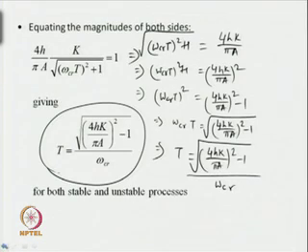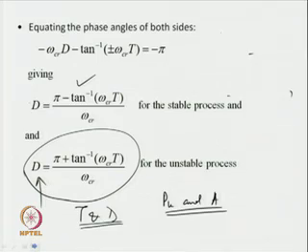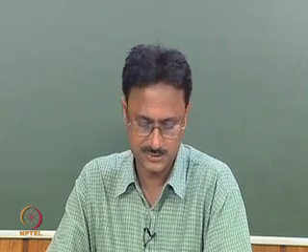If we see, T is now a function of a and omega CR, and omega CR is a function of Pu. Therefore, making use of the measurements of Pu, the ultimate period, and peak amplitude a, it is possible to estimate T and it is possible to estimate D for stable and unstable processes.